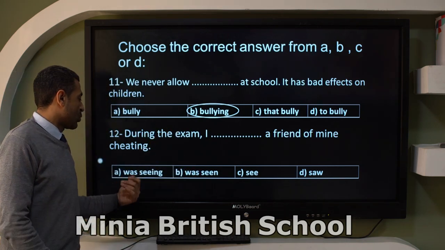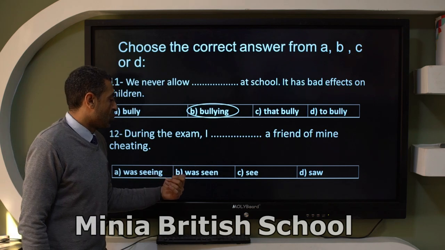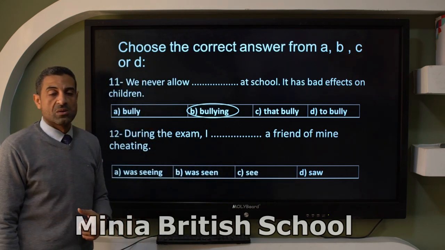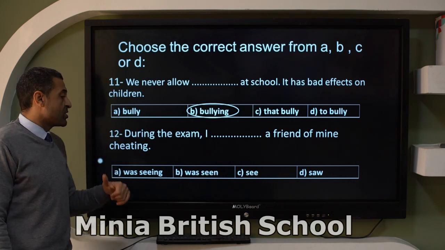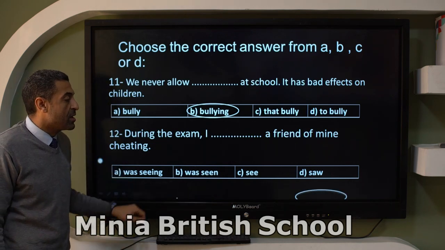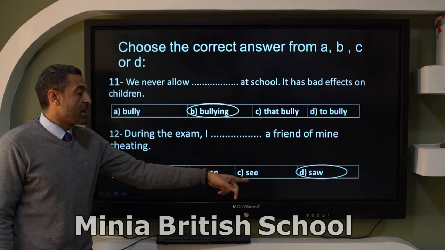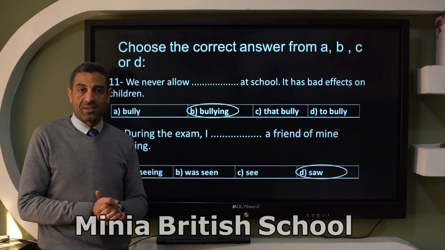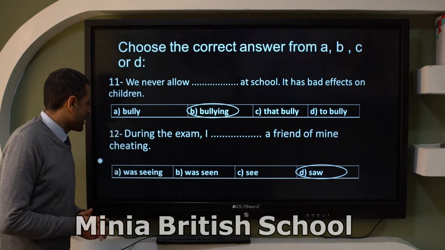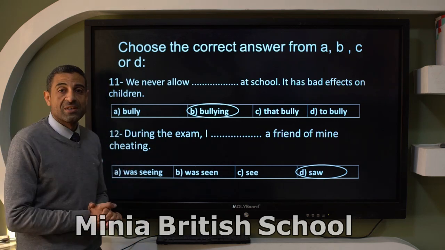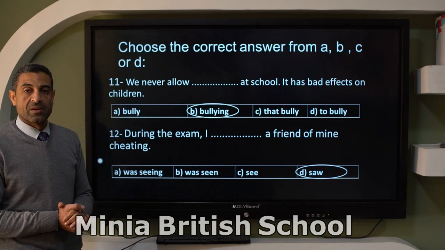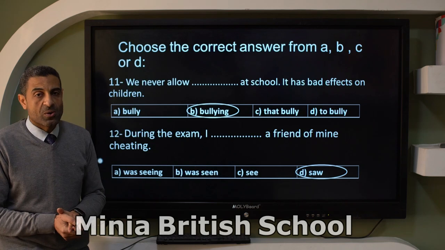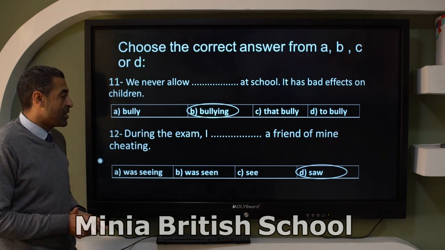I saw a friend of mine cheating. So here I cannot use "I was seeing" because the actions were not in progress at the same time.